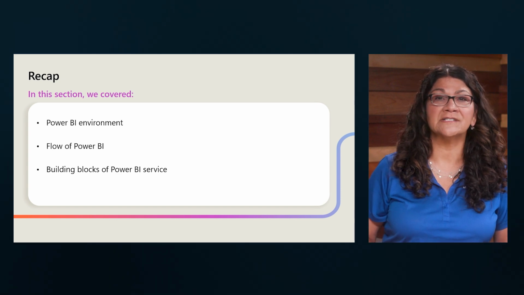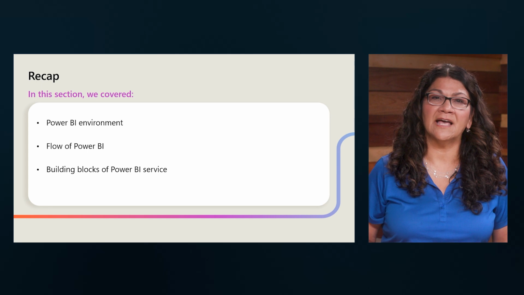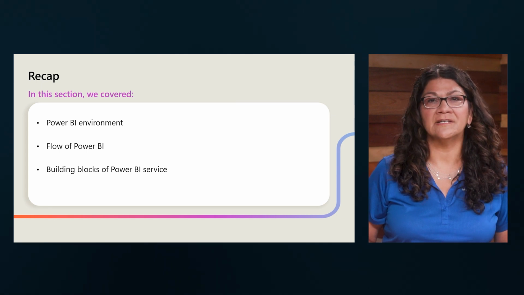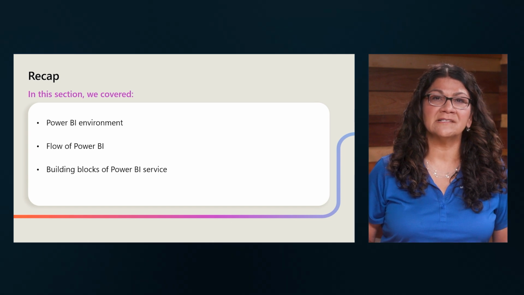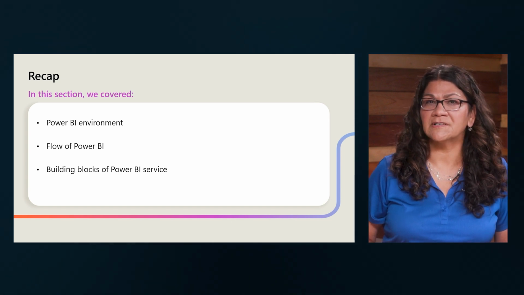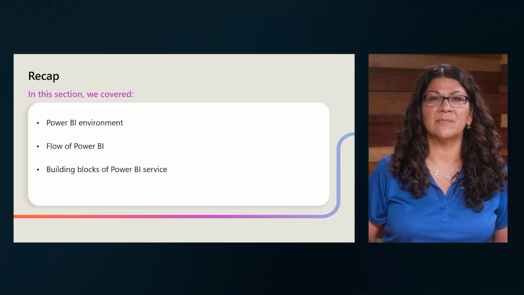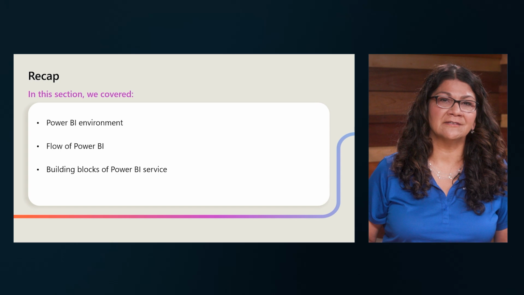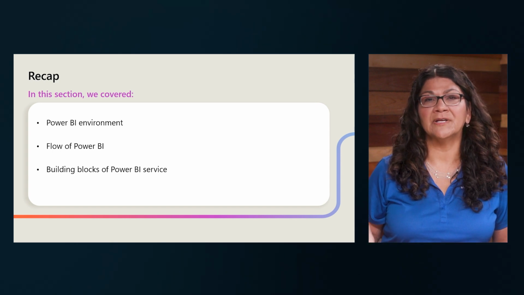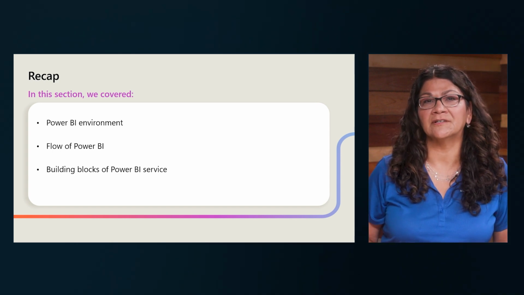Next, clean it, transform it, model it, add calculations to it, and use it to make our reports. Next, publish that report to a workspace in the Power BI service in Fabric, and use that report to make dashboards if you'd like, and then share it out, bundling the report and the dashboard together into an app.